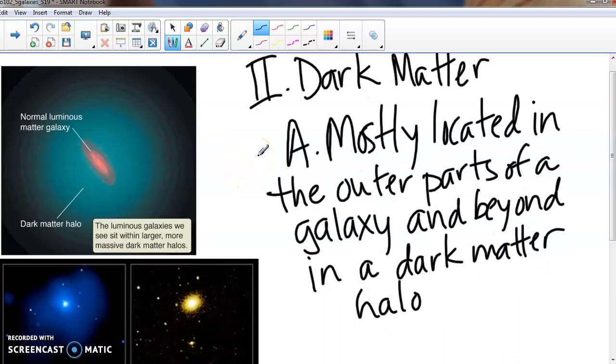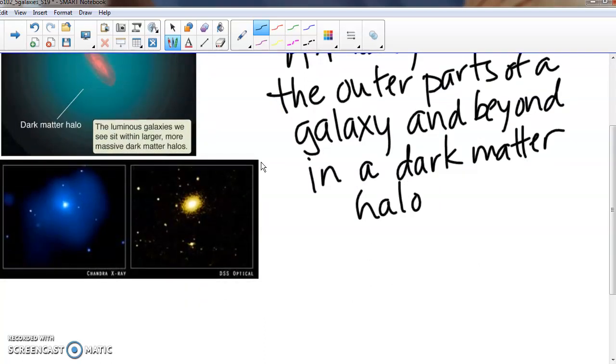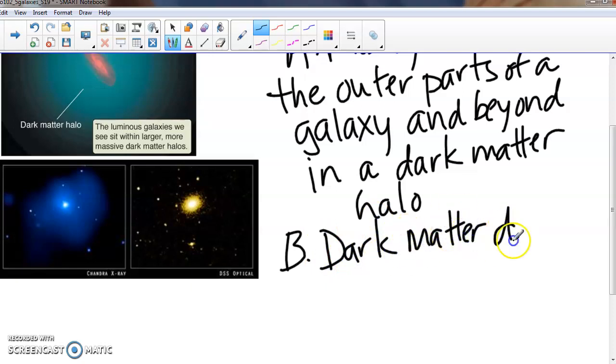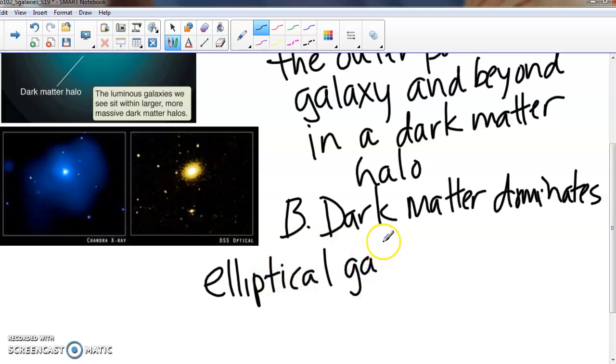Now, we've been talking about spiral galaxies with the rotation curves, but once we, as astronomers, learned about dark matter, we started to think of ways to look for dark matter around elliptical galaxies as well. It turns out we see it there too: dark matter dominates elliptical galaxies too.